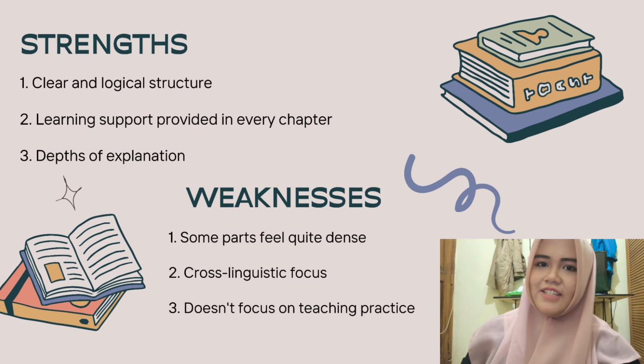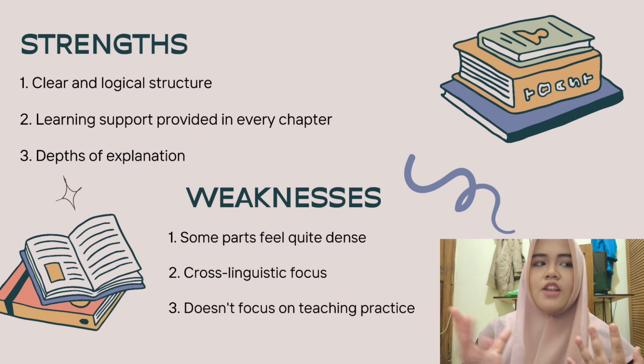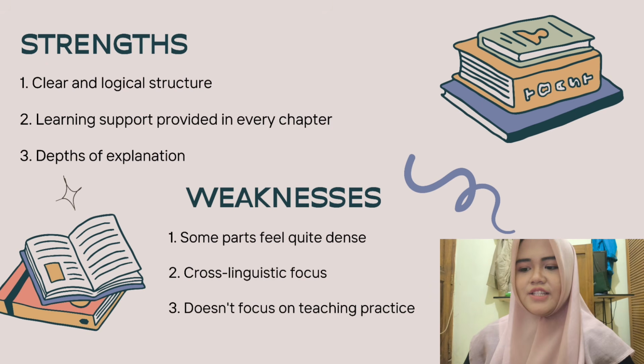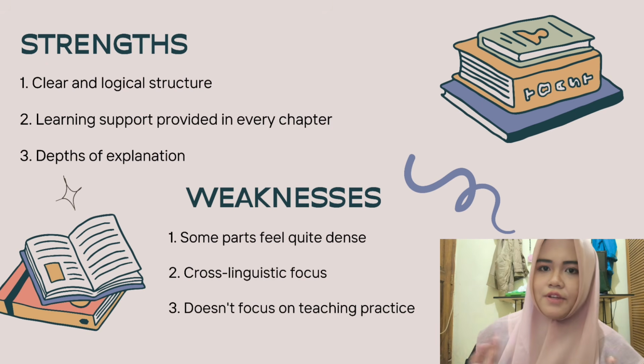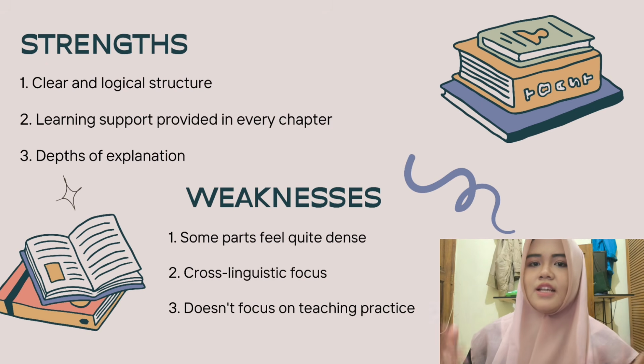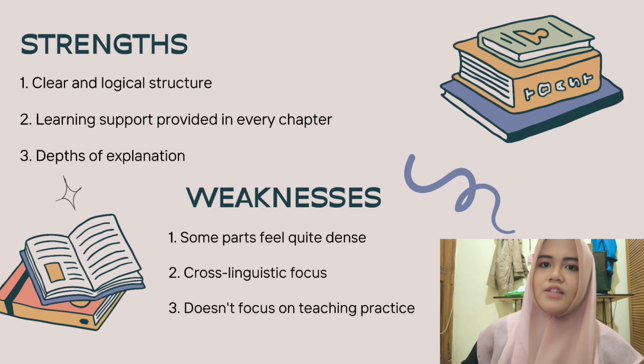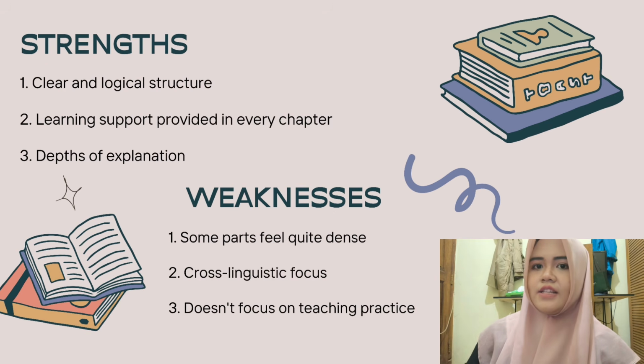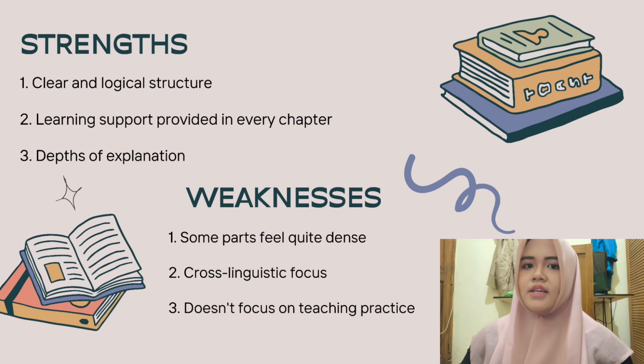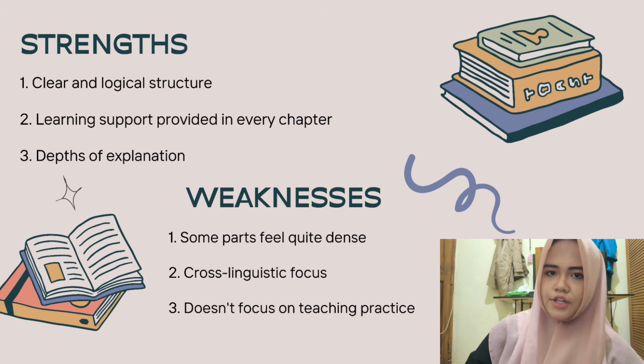And the second strength is the learning support provided in each chapter. At the end of every chapter, there are summaries and then suggestions for further reading and also exercises. This helps readers review what they have learned and practice their understanding. And then the third strength is the depth of explanation.